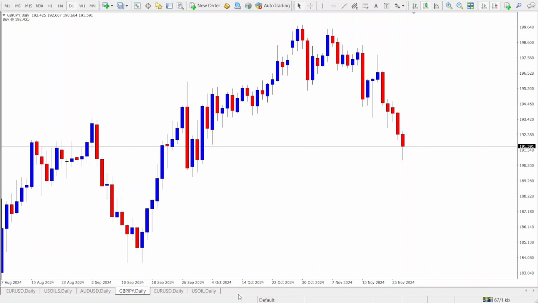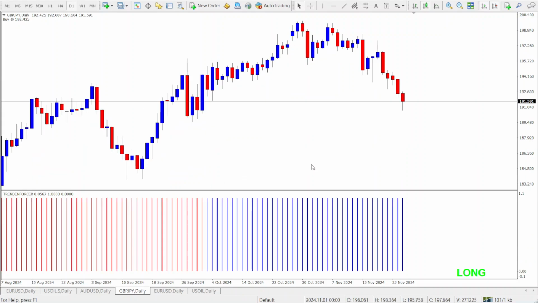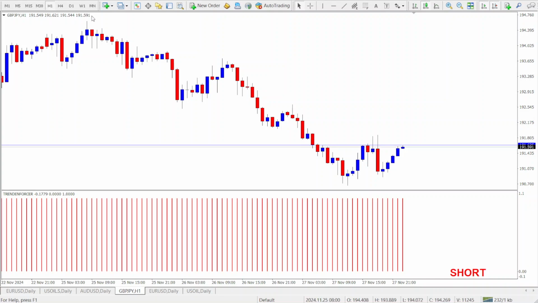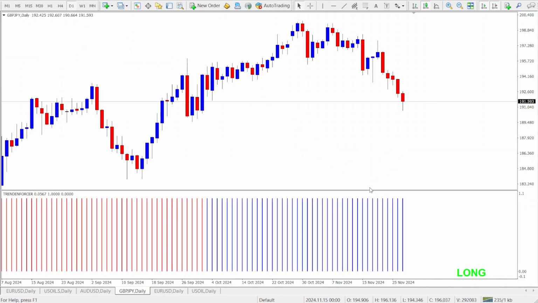So it's the trend enforcer indicator. This is how the trend enforcer indicator looks. The indicator is quite an interesting indicator.